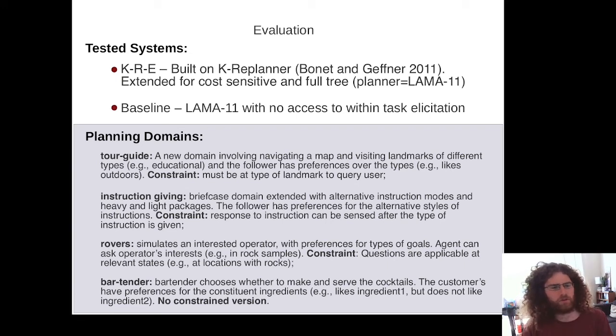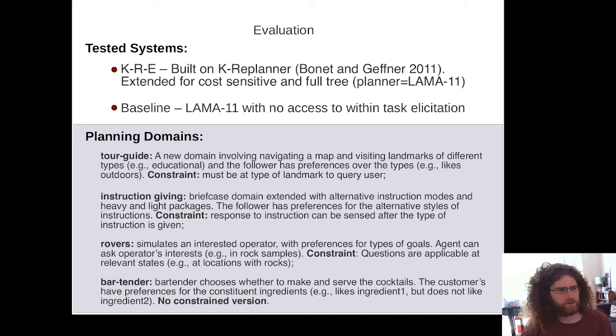Testing it on 4 domains, one inspired by our tour guide scenario, one looking at instruction giving in the briefcase domain, one with an interested operator in the rovers domain, so they, for example, prefer rock samples, and a bartender scenario where the agent can pick to give a cocktail or not, and the user has preferences over ingredients.